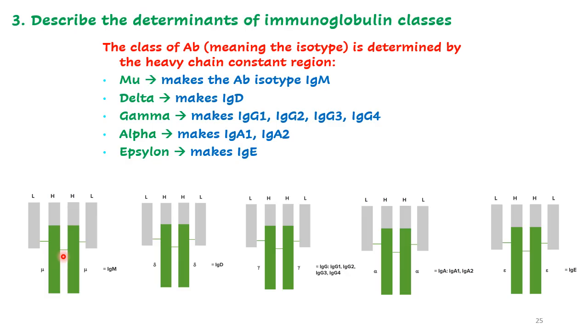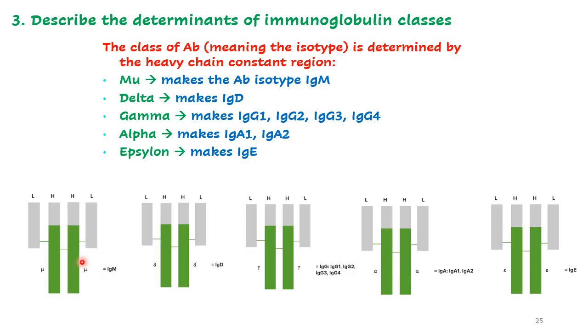One good thing about that is that they produce the types of antibodies that are either M, D, G, A, or E. So if you're talking about the Greek version, that's the gene. If you're talking about the normal letter version, then you're talking about the antibody that is produced.